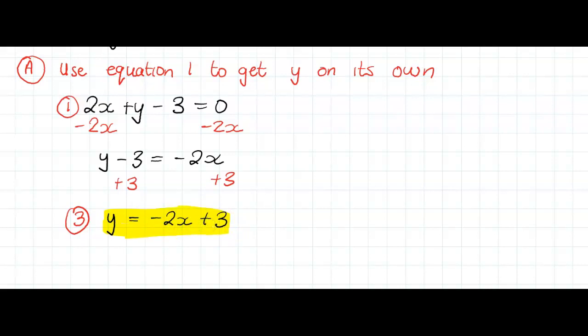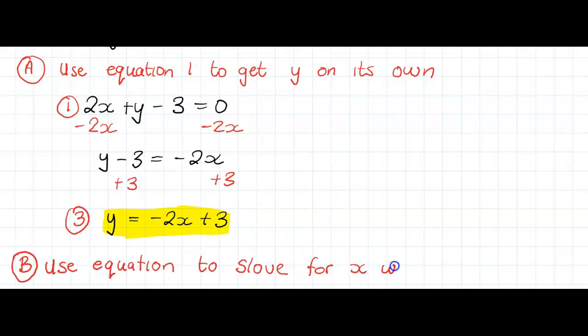So now what I'm going to do is use equation 3 to solve for x with equation 2.